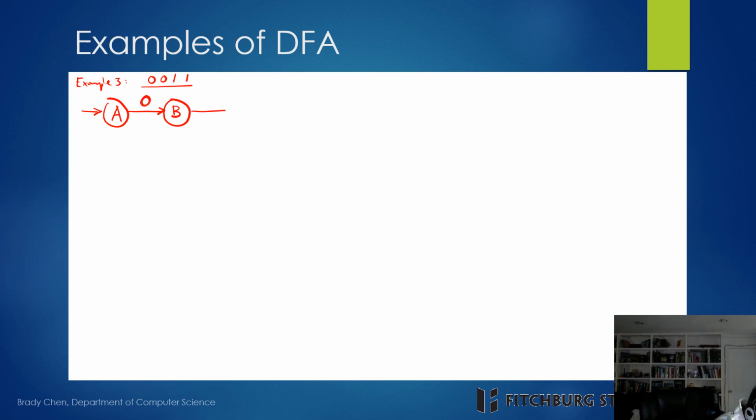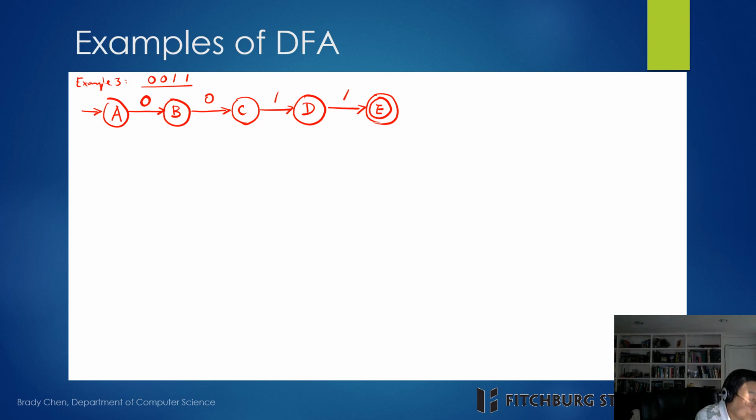It's closer to the string we are trying to build. And if the next one is 0, that's good, right? We're even closer. And then if the next one is 1, that's good. Next one is 1, we reach D, and next one is 1, we're good, right? Then we reach the accepting state. So that's the perfect case.